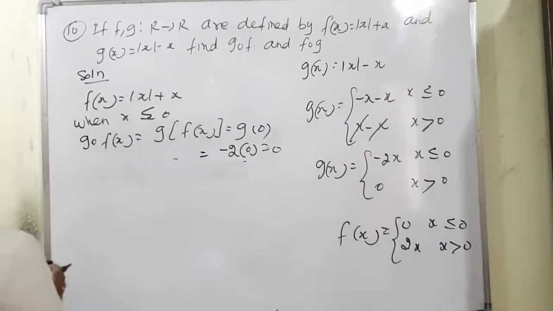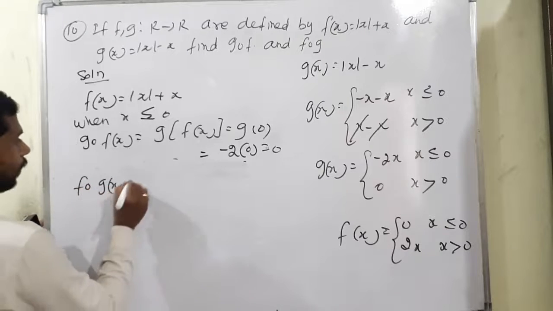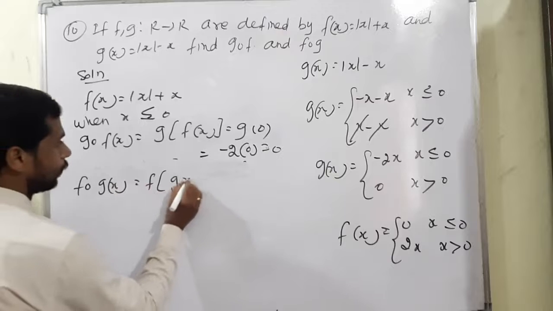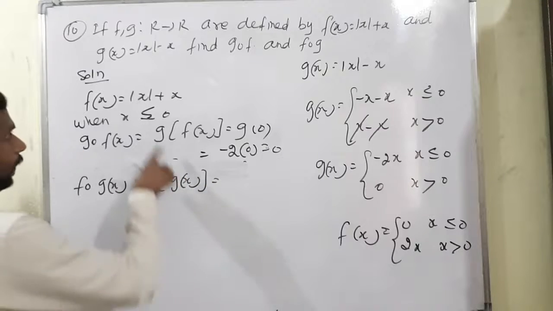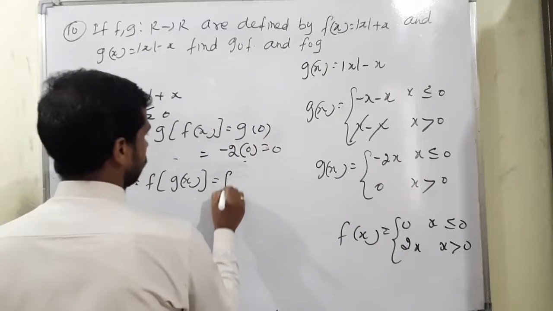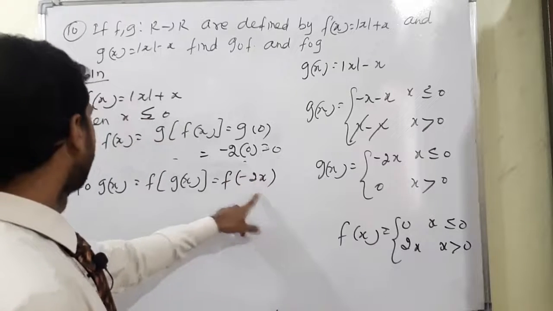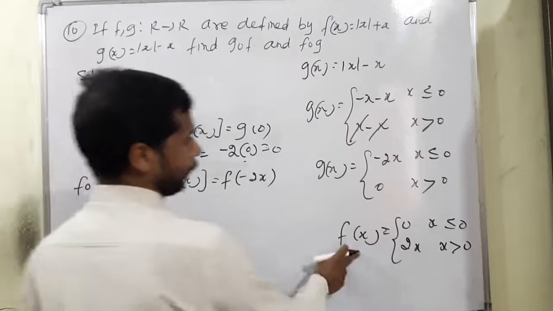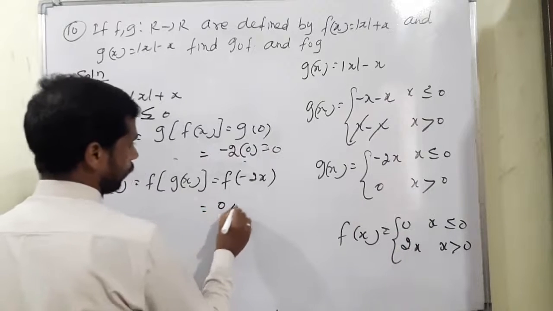So, next case, f dot g of x is equal to f of g of x. G of x is minus 2x, so f of minus 2x. Again, f of x for x less than or equal to 0 is only 0. Therefore, the value also is 0 only.